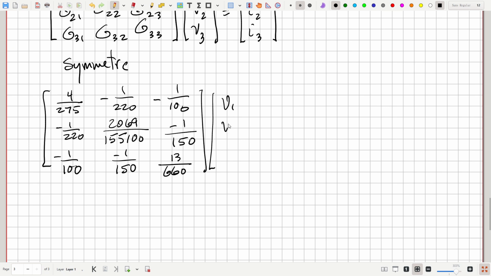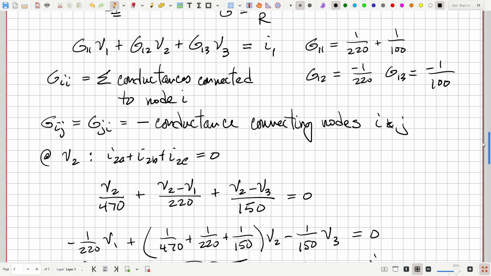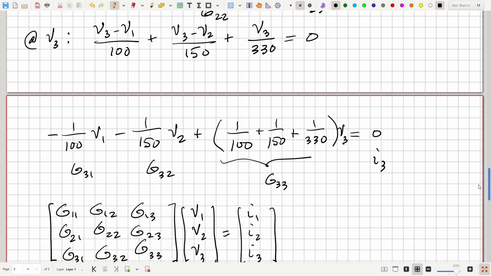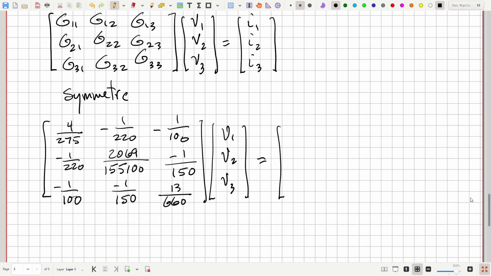Okay, times V1, V2, V3. And those are equal to what? The currents, the I1, 2, and 3. Well, the I1 is 10 milliamps. And I'll write 10 milli, which is 10 1,000ths, as 1 over 100.